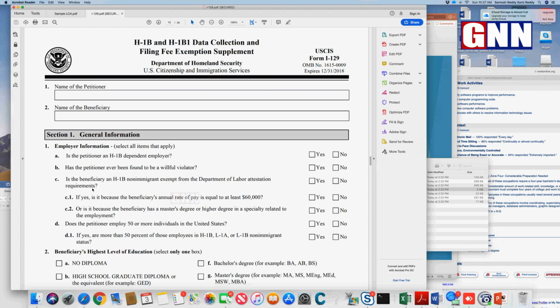So they are referring to these attestation requirements wherein you attest that the beneficiary would not be replacing any US worker either at your office or at the client location, and that you have done the necessary recruitment. So if you say yes, that means you will not be subject to the requirements. Then you have to answer whether you are saying yes because the person is getting paid more than 60,000, or the beneficiary has a master's degree or higher degree in that specific specialty.